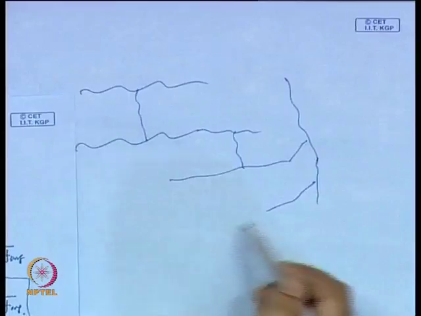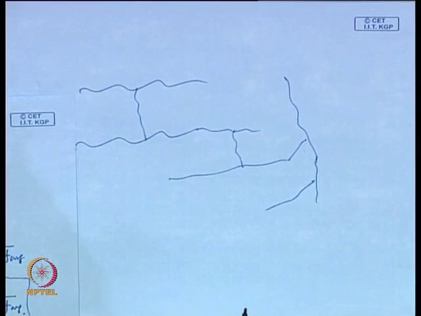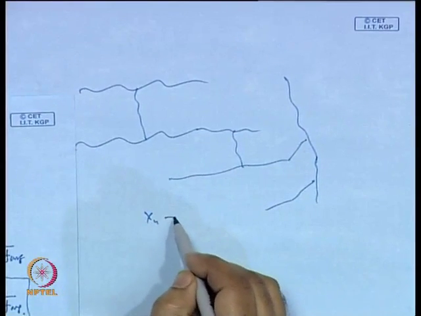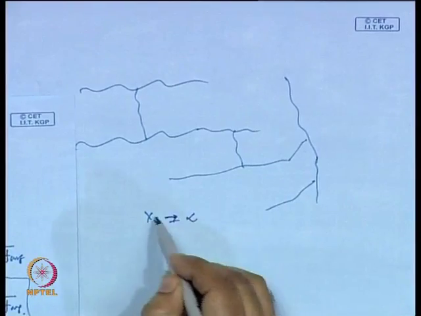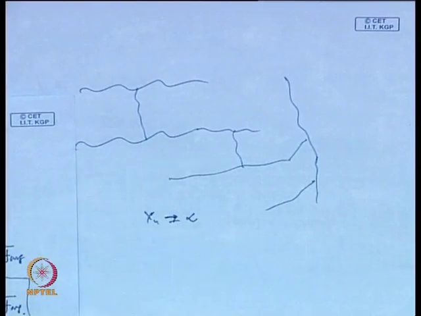Gel formation means the polymer is not soluble in the medium, insoluble in any solvent or in bulk as well. So when the molecular weight becomes infinity, Xn becomes infinity, that means the entire polymer is cross linked with each other. Then the first sign of gel formation happens, and we call that the gel point.